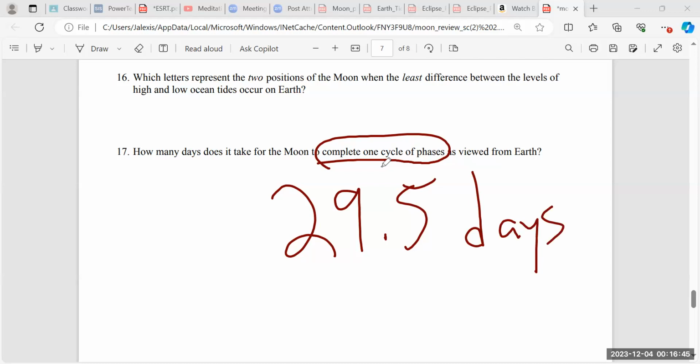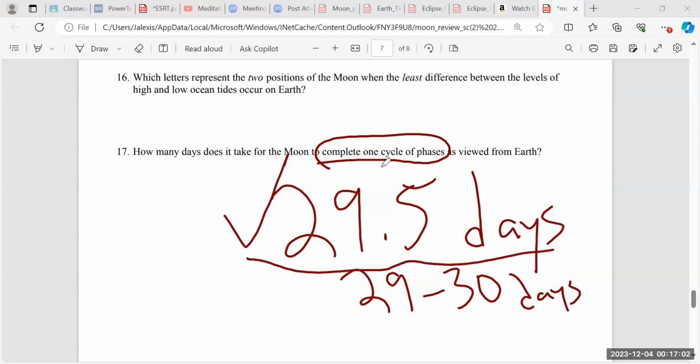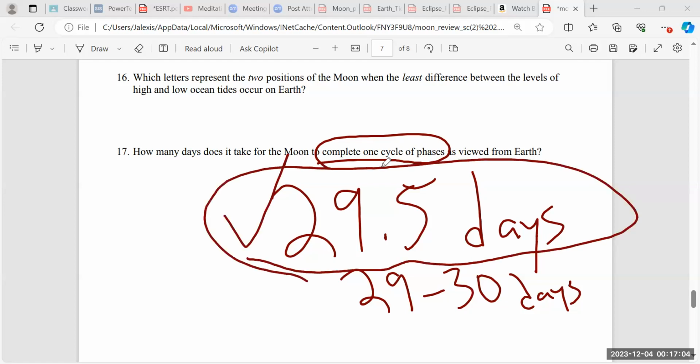All right, I've seen in some regions answers, they have accepted responses between 29 to 30 days, right? So if you said anywhere from 29 to 30 days, I've seen them accept that, but your best answer is going to be 29.5 days, because we just want one answer.